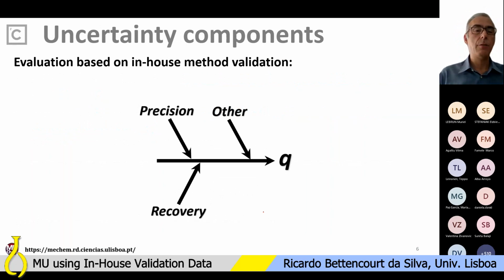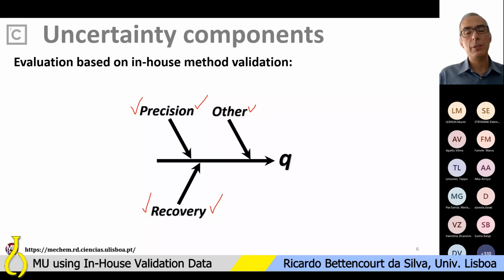For the evaluation of measurement uncertainty based on in-house method validation, typically we take into account three components: precision component, recovery or bias component, and then you have, in some cases, to quantify additional or other uncertainty components not expressed in the first two components. And I will discuss how to manage the uncertainty component, recovery component.